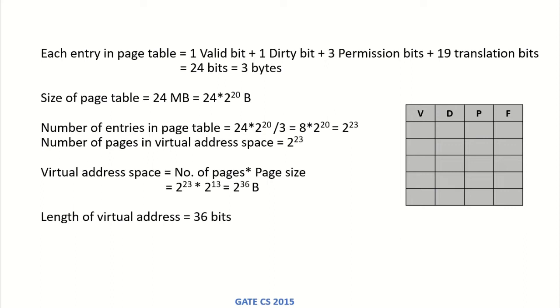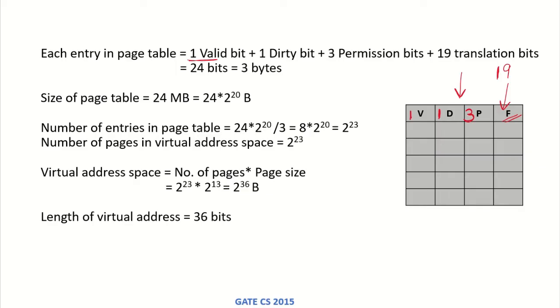It's given that each entry in this page table contains one valid bit, one dirty bit, 3 permission bits, and the translation, and we have just computed that this will require 19 bits to specify the frame number.